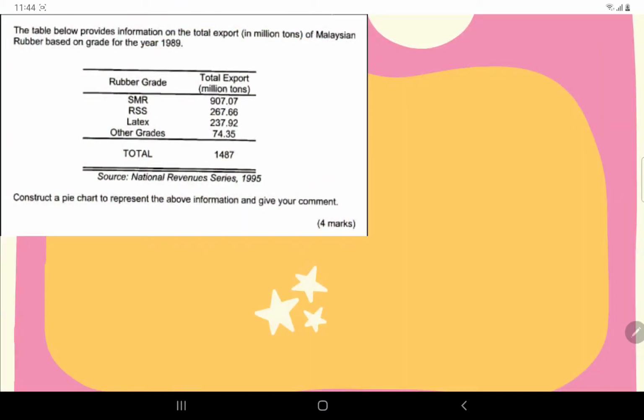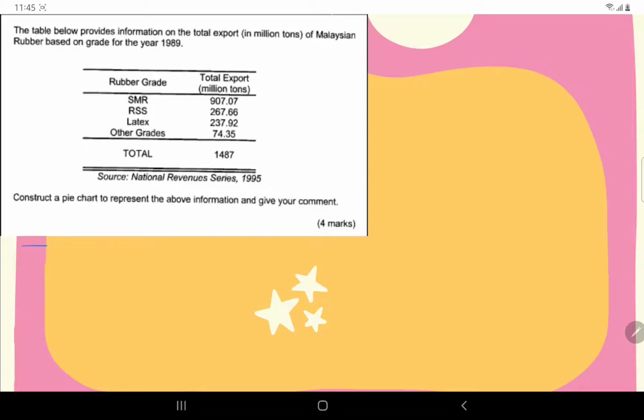For example, the table below provides information on the total export in million tons of Malaysian rubber based on grade for the year 1989. Based on this table, you need to construct a pie chart to represent this information. Before we construct our pie chart, you need to know how many categories are inside this question.